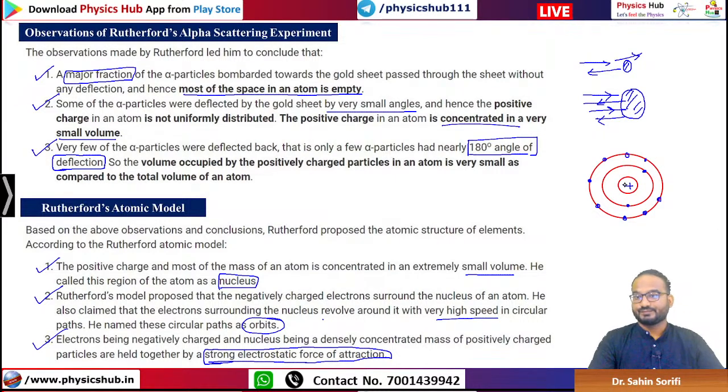The attraction between the nucleus and the electron is Coulombic or electrostatic in nature. On the other hand, the nucleus is composed of protons and neutrons, and the force acting between them is the strong nuclear force.